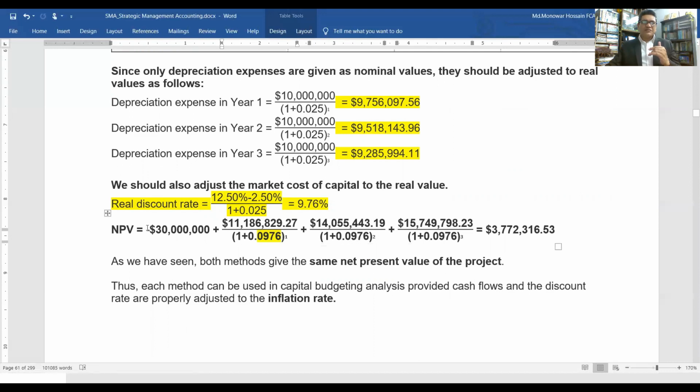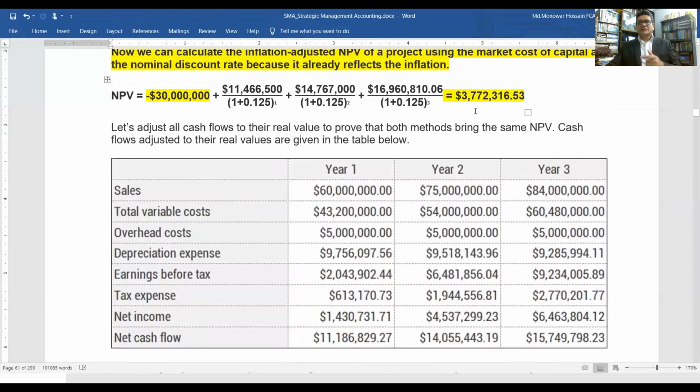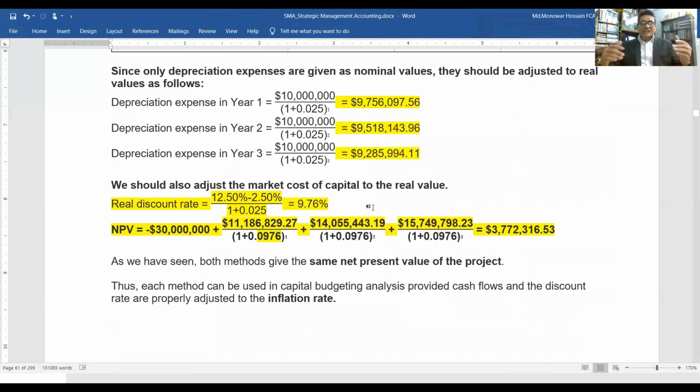So the NPV at the real discount rate gives the same figure, 3.772. Look here, 3.772 is the inflation adjusted NPV, and it is also the real discount rate NPV. So as we've seen, both methods give the same net present value for this product.